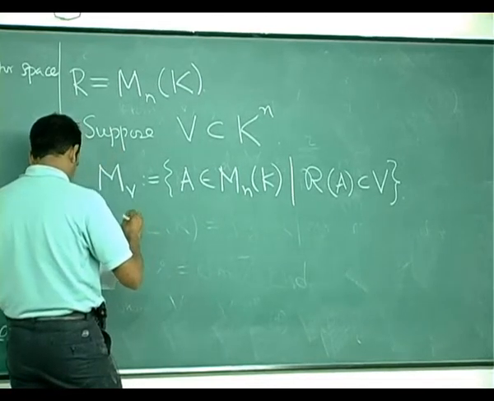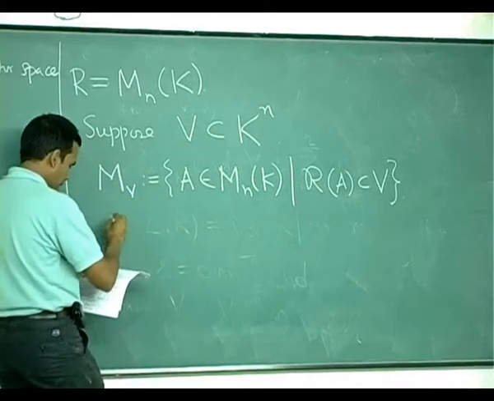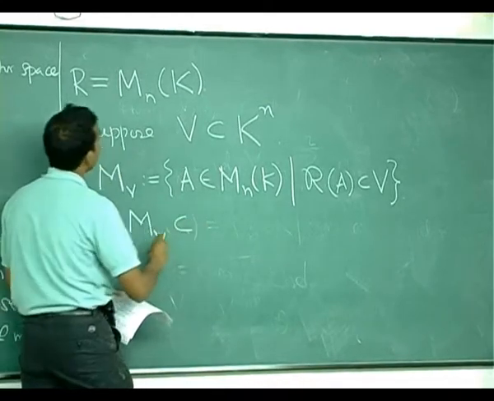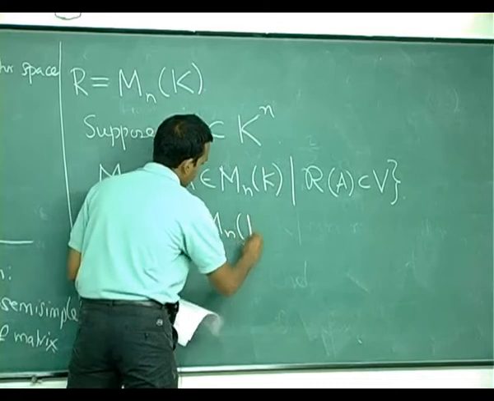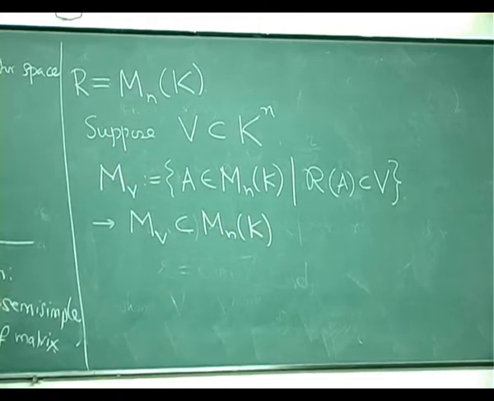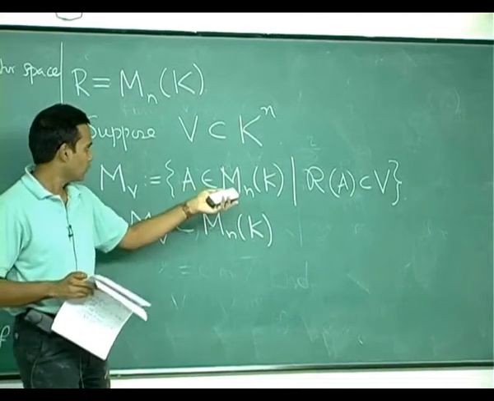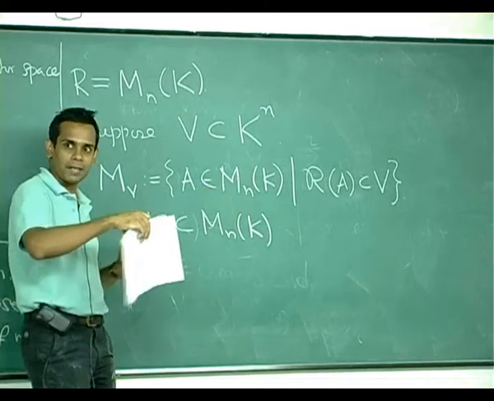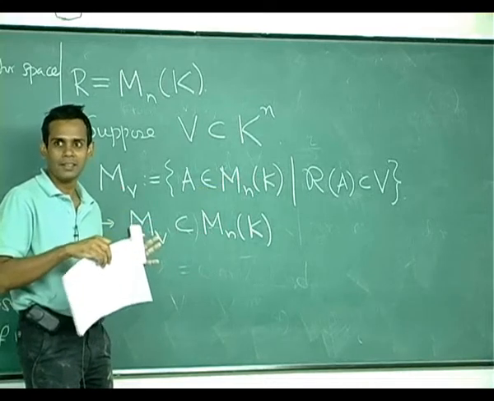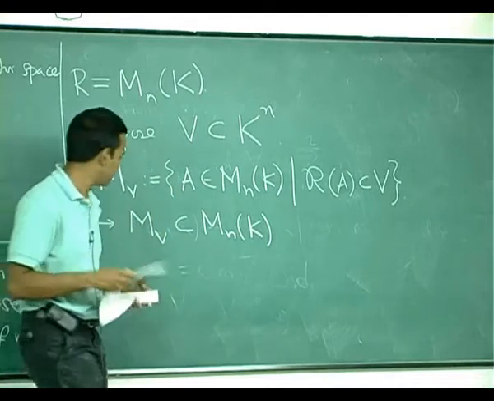An easy exercise in linear algebra is that the M_V inside M_n(K) are invariant subspaces for the regular R module. If you take a matrix whose row space is contained in V and multiply it by some other matrix on the left, the resulting matrix will still have row space contained in V, because left multiplication corresponds to row operations.